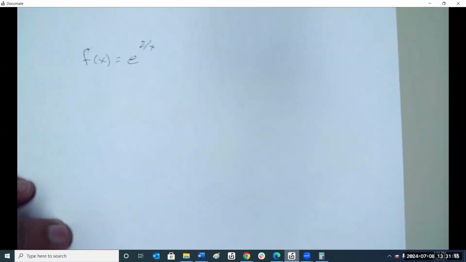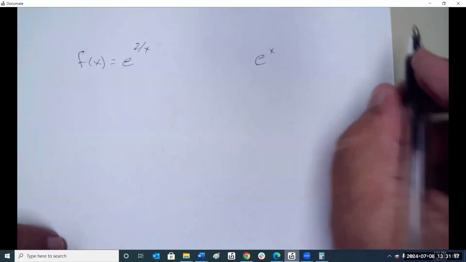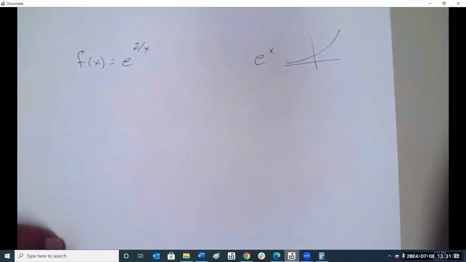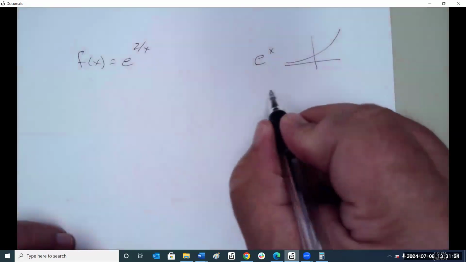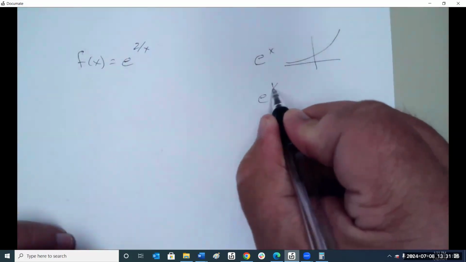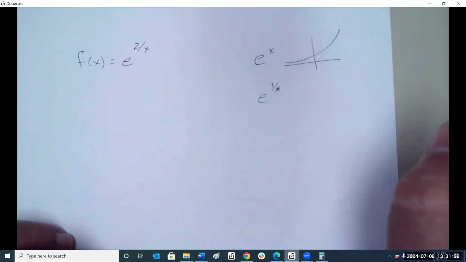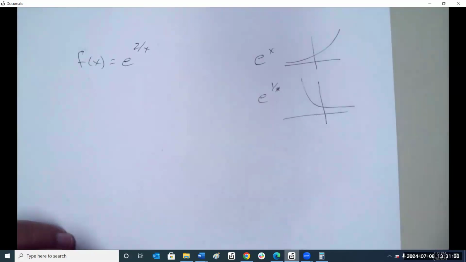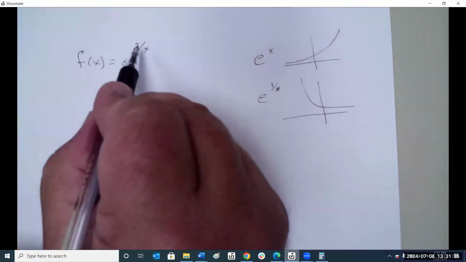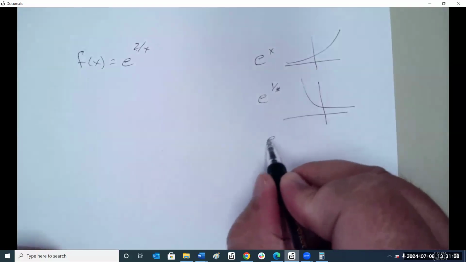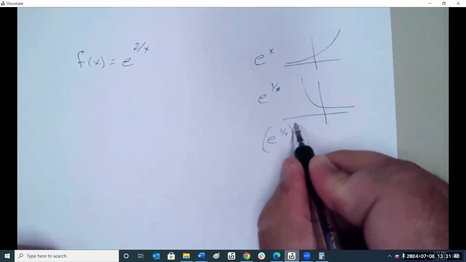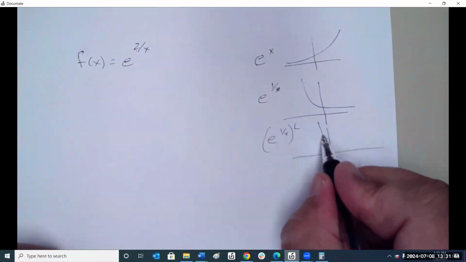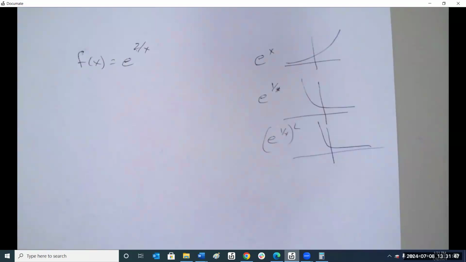What does that graph look like? We know what e to the x looks like. It's an exponential function. We know what e to the power 1 over x looks like. It's a decreasing function. So it's e to the 1 over x squared. So it's going to be a faster decreasing function.